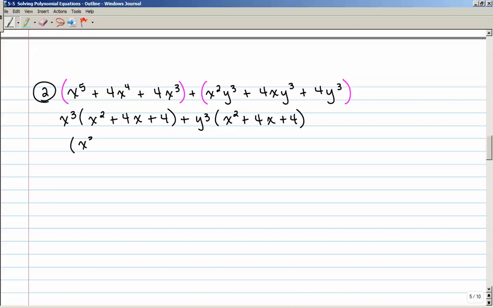So one factor is going to be x cubed plus y cubed. Taking those two out front. My other factor is going to be x squared plus 4x plus 4. And I'm not done, because this is actually the sum of two cubes, and I believe this is a perfect square trinomial. So factoring my sum of two cubes, I'm going to have an x plus y.